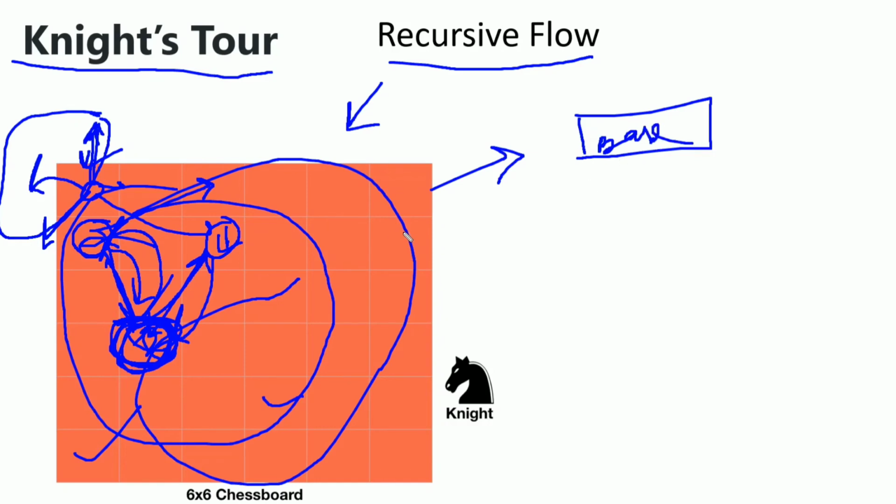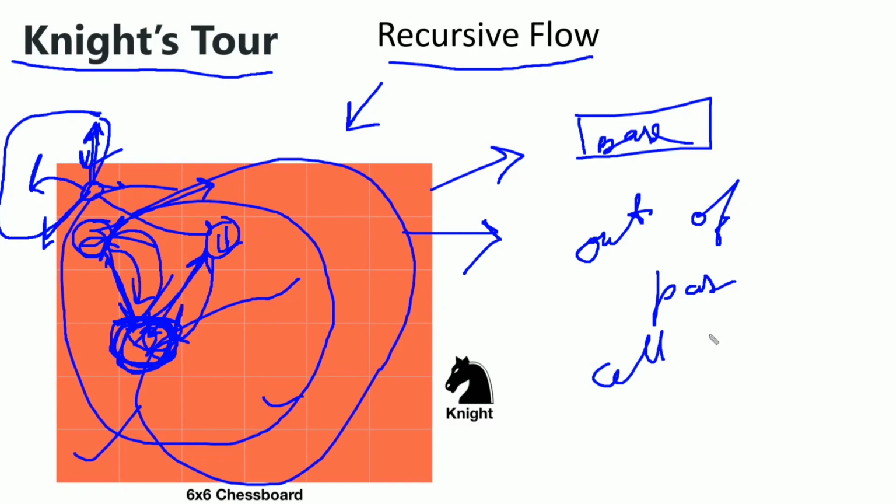Now considering the safe function, in the safe function we'll check if the position is out of the board, and the cell is already visited. Okay, the cell ij is already visited.